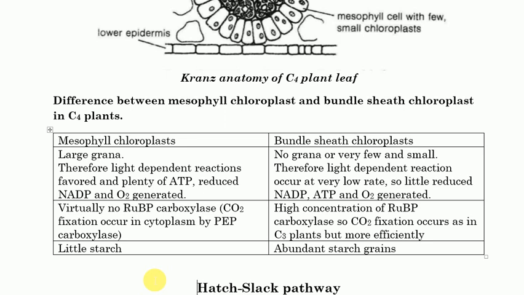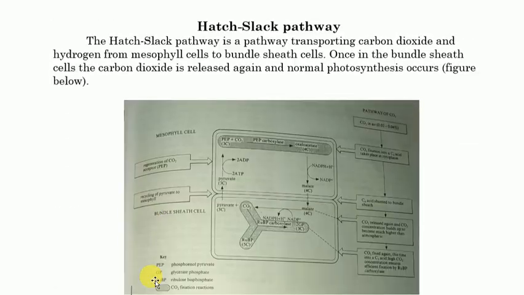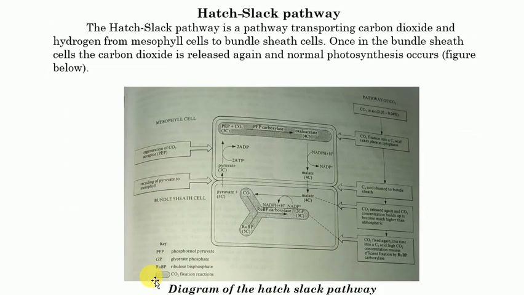As we know from biochemistry, enzymes work best at higher substrate concentration. Another thing, there is little starch in mesophyll chloroplasts, but there are abundant starch grains in the bundle sheath chloroplasts. So let me end here, and in the next video we shall discuss the Hatch-Slack pathway and the significance of the C4 pathway over the C3 pathway.